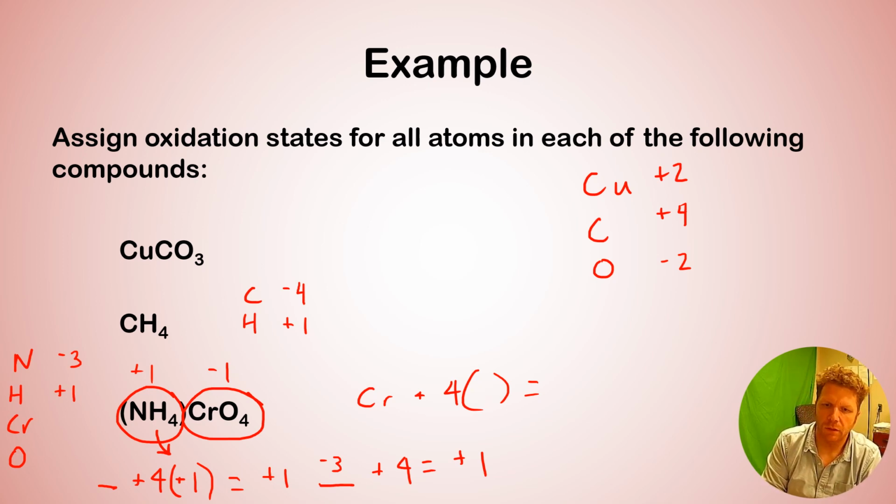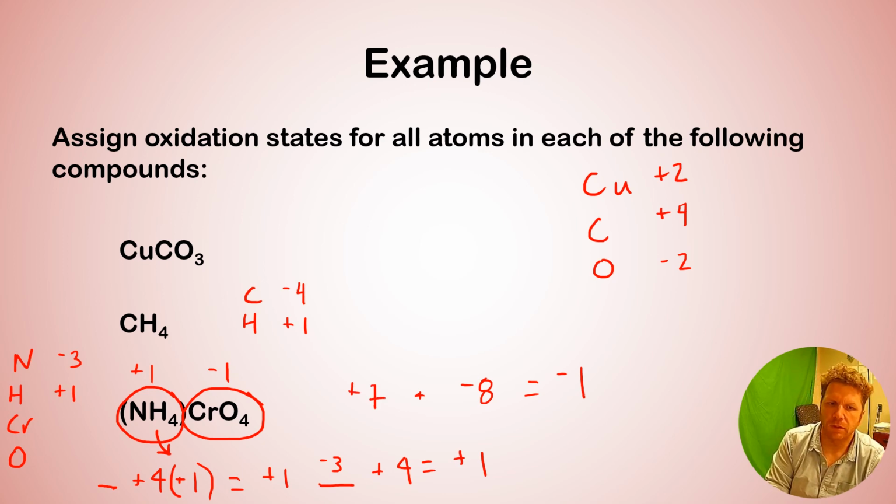Well, 4 times -2 equals -1. This -1 came from my overall charge of CrO4. Now I'm going to switch this out. Rather than Cr, and rather than it being 4 times -2, instead I'm going to say plus -8. What plus -8 equals -1? And the answer to that is +7. So Cr is +7, O is -2.